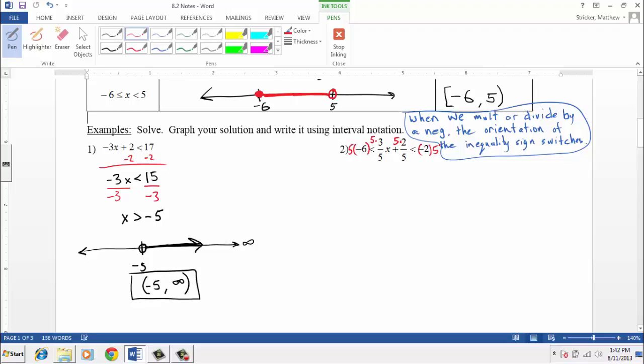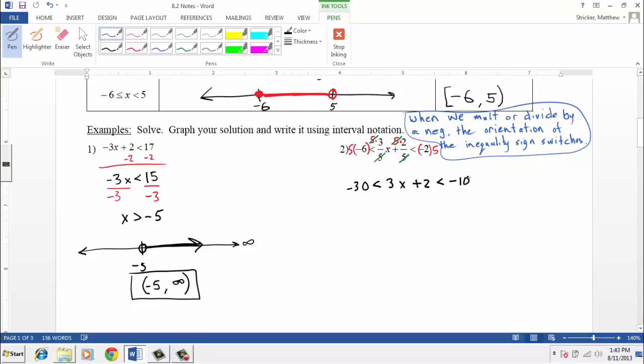I have to multiply everything by 5. The beauty in that is that these 5s cancel. Our entire inequality becomes a whole lot nicer, because now we have 5 times negative 6, negative 30, is less than 3x plus 2 is less than negative 10.